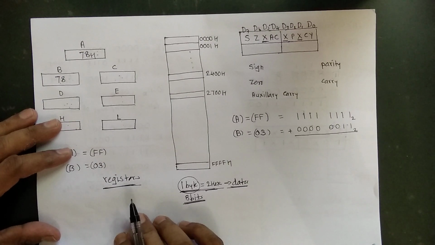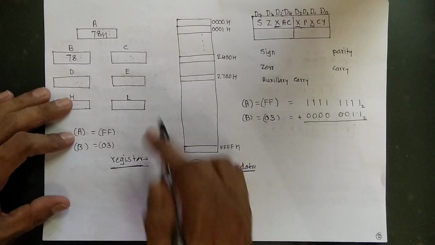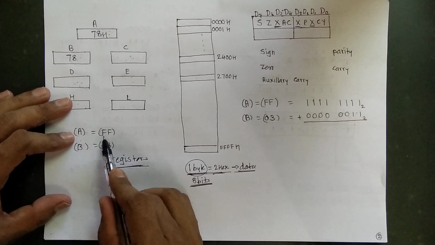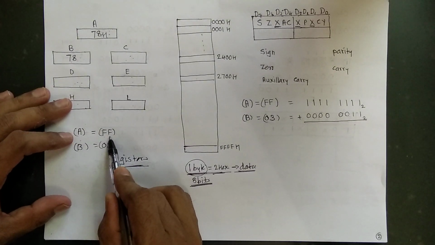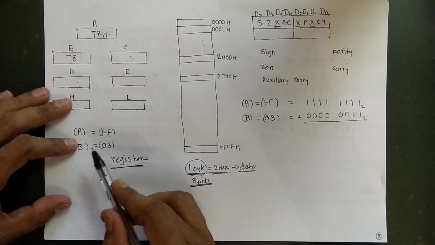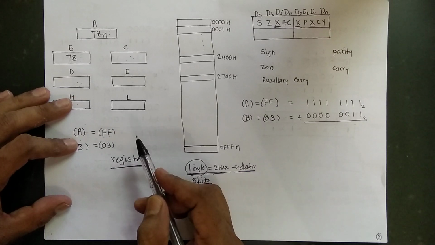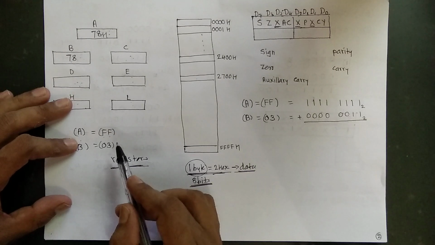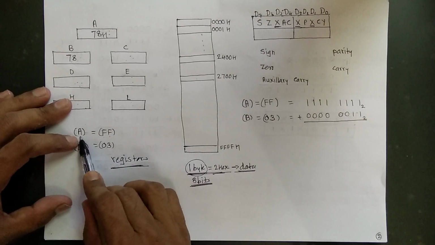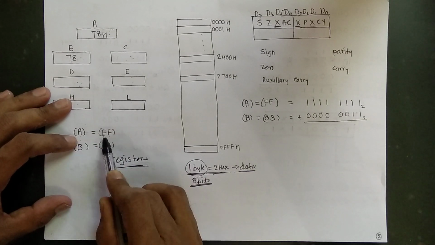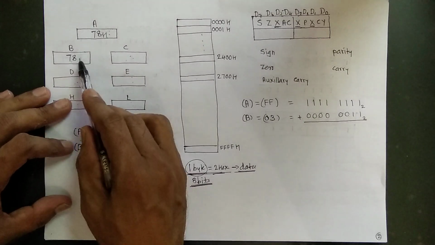Now let register A have the number FF. How to store the number, how to bring the number into that particular register, we are going to study afterwards. But at present, let the accumulator register A have the number FF and register B have the number 03.